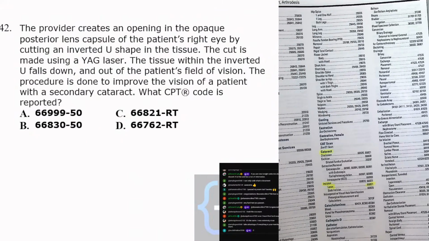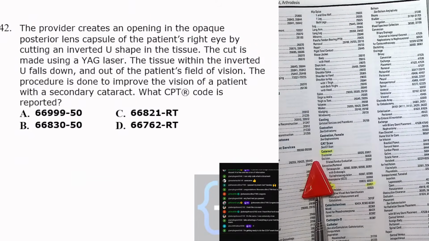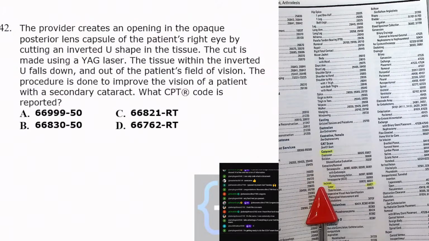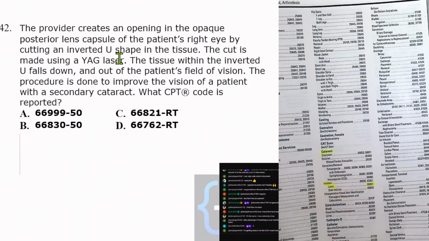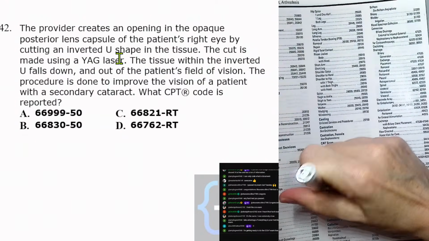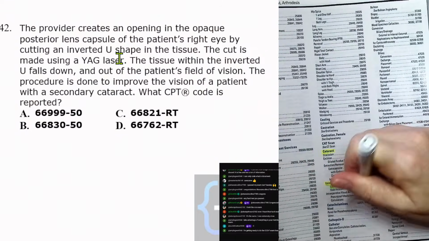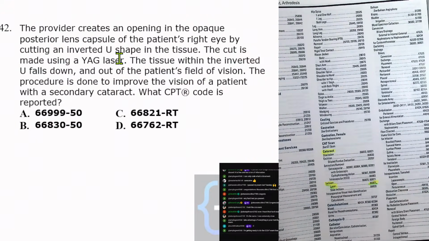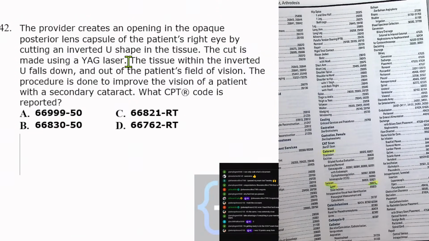And what can we do? We got rid of the cataracts by incision and by a laser. So I would scooch you down to incision and laser, and that tells me my answer has to have 66,821 in it.